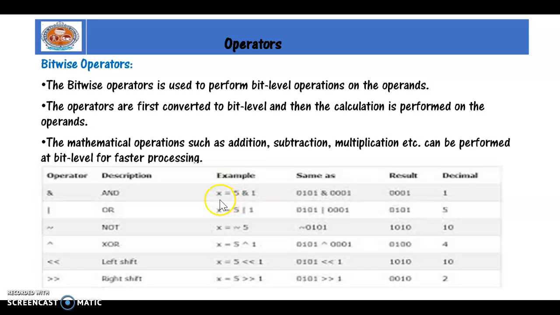Here I am taking X equal to 5 and 1. First, this must be converted into a binary format. Here something is represented in zeros and ones. If you observe from right to left, this is 2 power 0, 2 power 1, 2 square, 2 cube, and so on. To get the number 5, generally we add these bits, that is 2 power 0 plus 2 power 1 plus 2 square plus 2 cube.